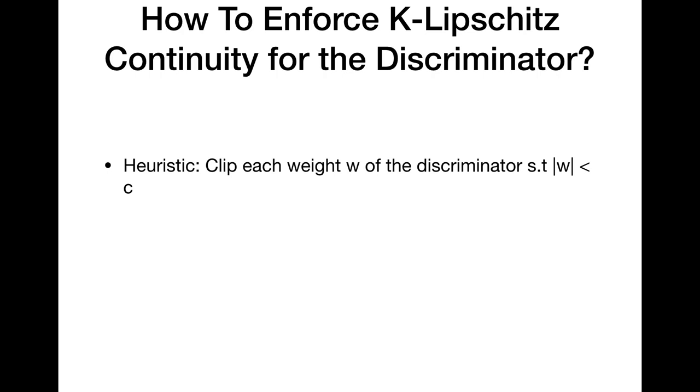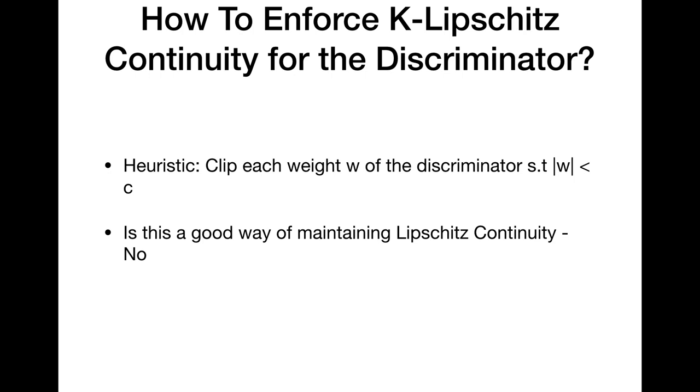So let's talk about how we essentially enforce the K-Lipschitz continuity for the discriminator. A simple method proposed by the authors is to simply clip each weight within the discriminator so that the absolute value of these weights is less than some constant c.